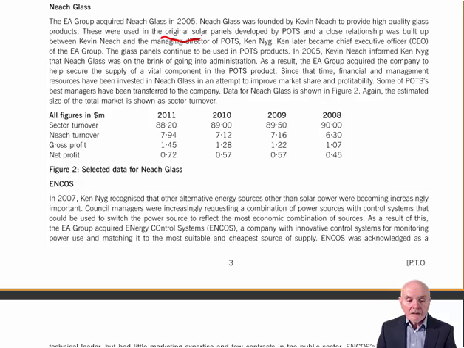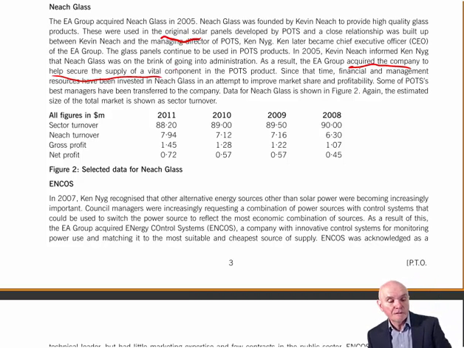Okay, in 2005, Kevin of Nich informed Ken that Nich was in danger of going into administration. As a result, the EA Group acquired the company to help secure the supply of a vital component to the Potts product. So that's quite interesting here. We acquired a company to help secure the supply of a vital component.